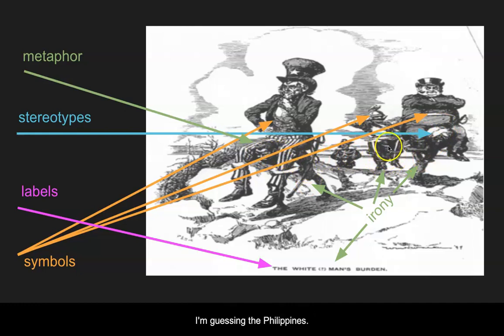I'm not sure what colony Germany would have back there. So the cartoonist is trying to use irony to make you think about the situation, where he's using the phrase "the white man's burden," but he's showing that in reality, the burden is really placed on the people of the colonies, or on the colonies.